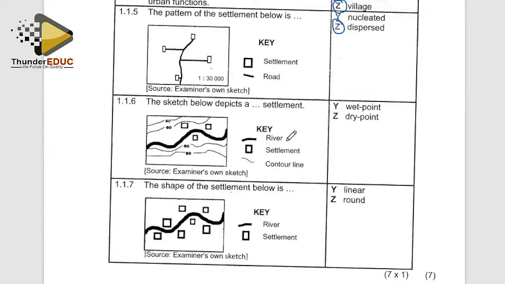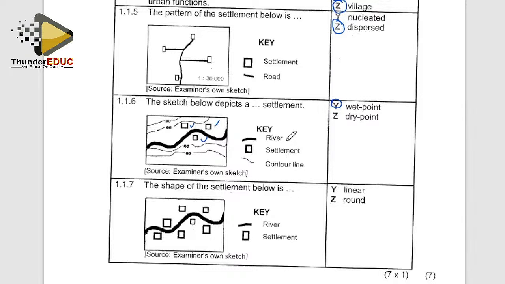So this one here, if we check, our settlement is located there and there and there, and we are seeing that the river is just around the area. And if we see our contour lines, the first contour line to either side of the settlement is at 60 meters, which means this settlement is located in a low-lying area, just in the river flood plain. Why is the settlement located there? It is because water is a scarce resource they need to access. So it's a wet point settlement.